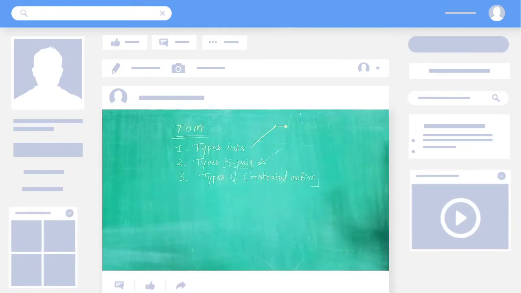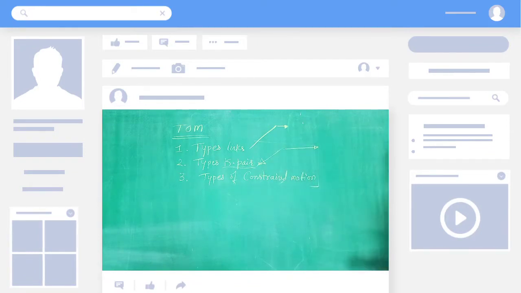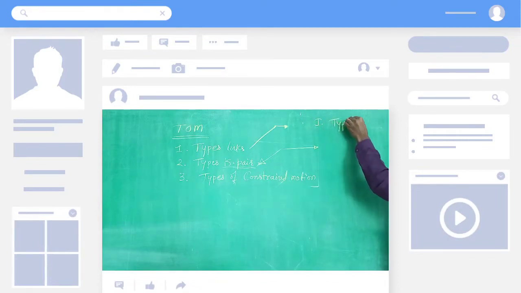So first, the classification of the kinematic pairs. Basically the kinematic pairs are classified in three ways. The first one is based on the type of contact.